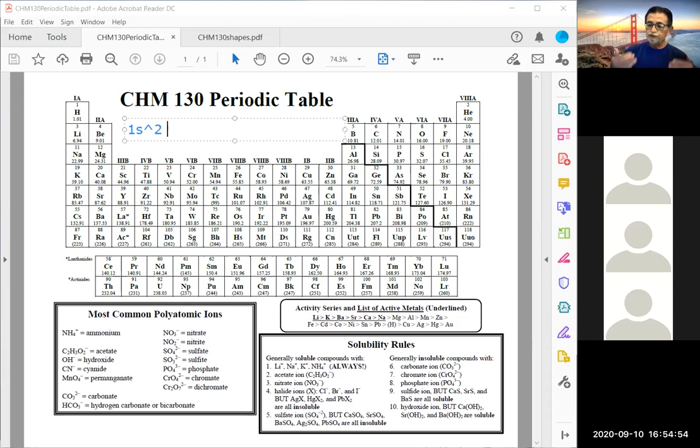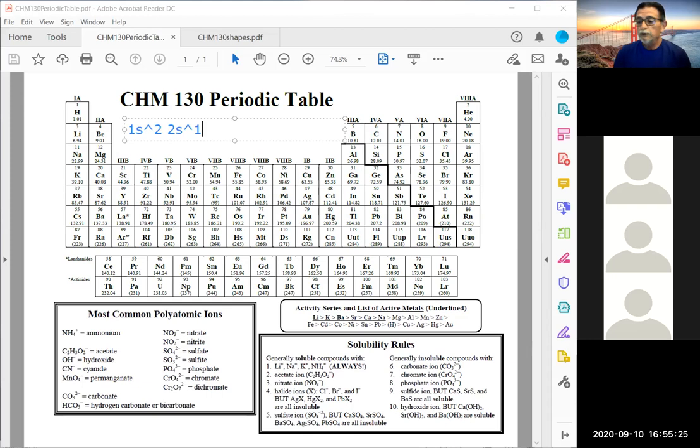Well, the first 2 are full in the 1s2 orbit, energy level. But then, look at lithium, it's in the second period. So that begins the 2s orbit. And it has 1 electron in that orbit. Okay, so 2 of them are in the 1s, and 1 of them is in the 2s.